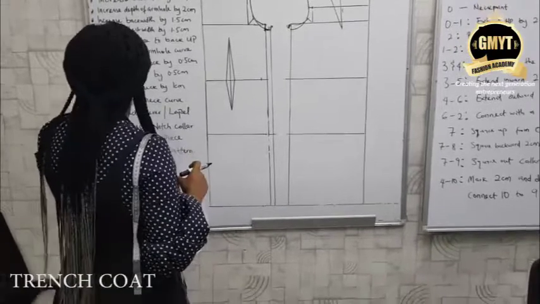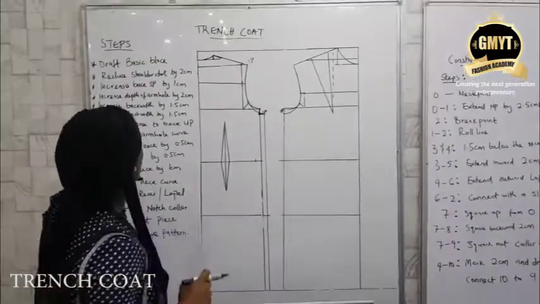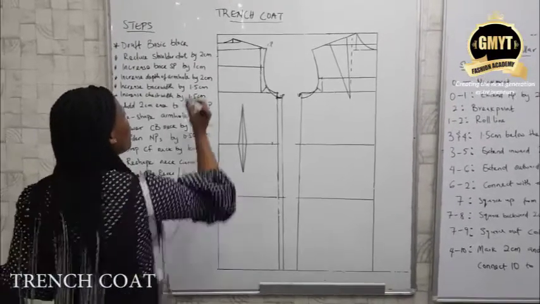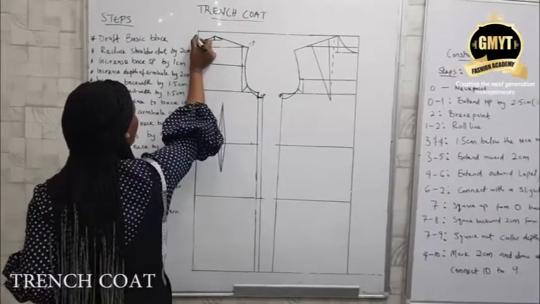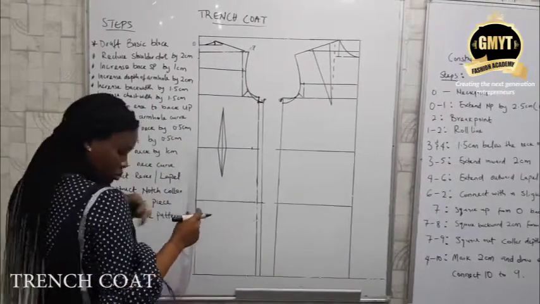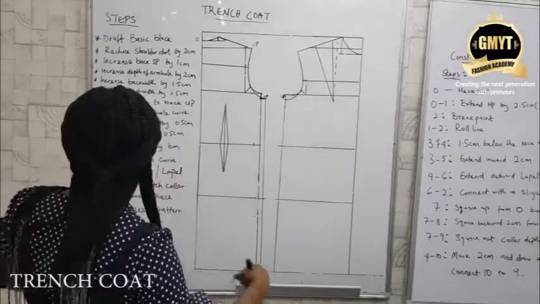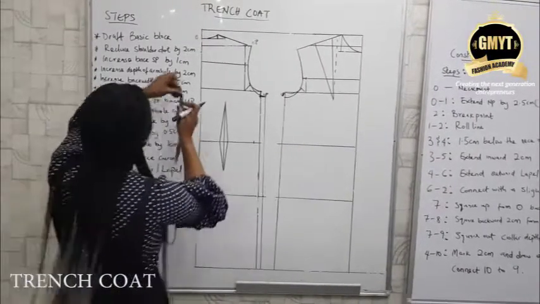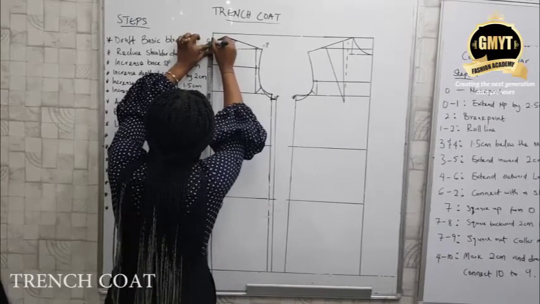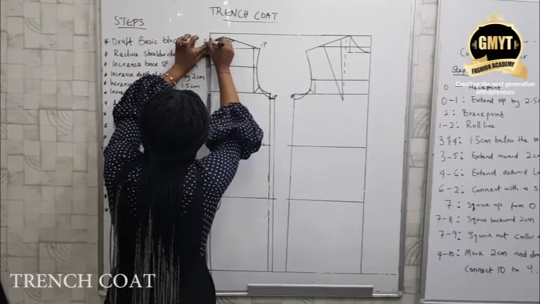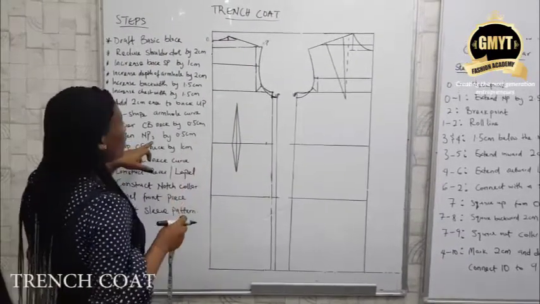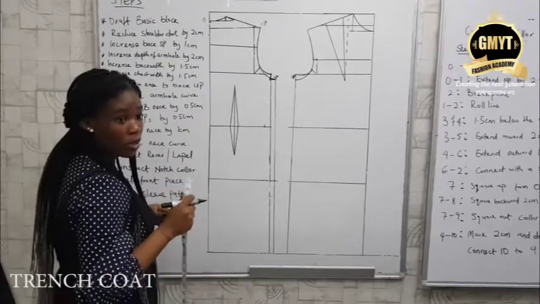Okay, so going back to my steps, the next one says lower your center back neck by 0.5 cm. So I'm coming to this, my point 0, I'm reducing it by 0.5 cm. Then I'm going to widen my neck point, both for front and the back.